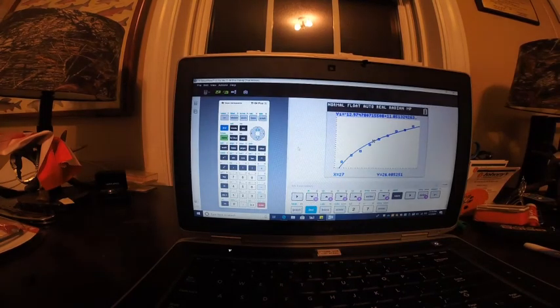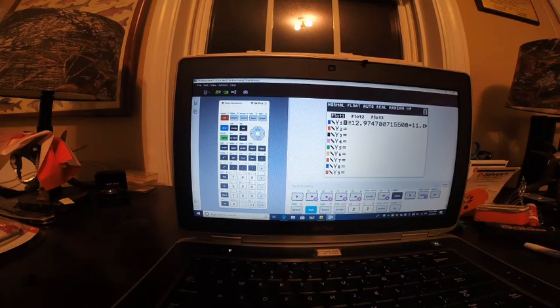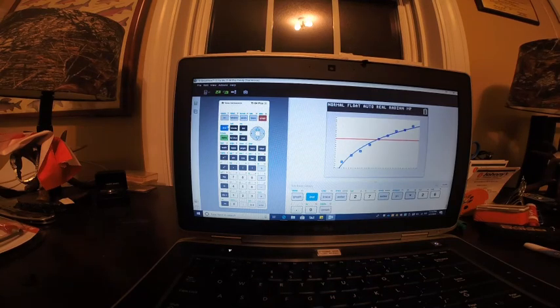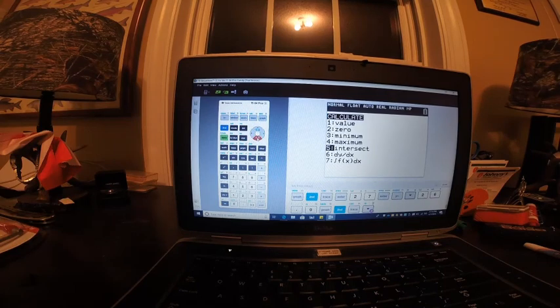Now C says, in what year does the model predict the percent to be 26.9%? Okay, so we need to figure out what our Y is. So you know the little trick: if we put 26.9 in Y2 and hit graph, I can do second calc and look at their intersection.